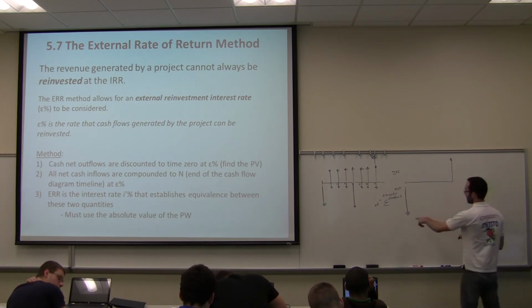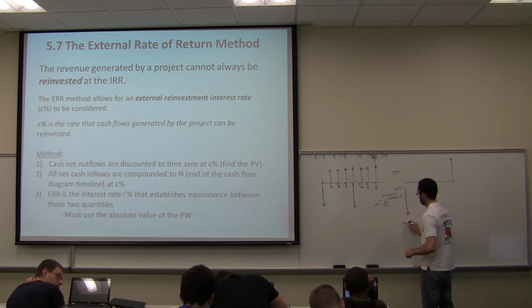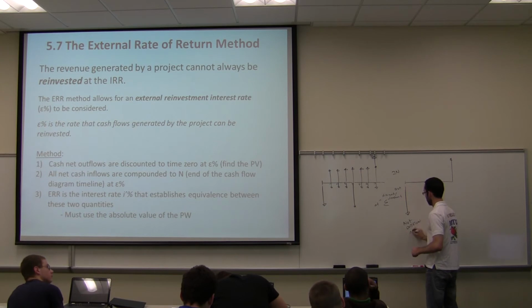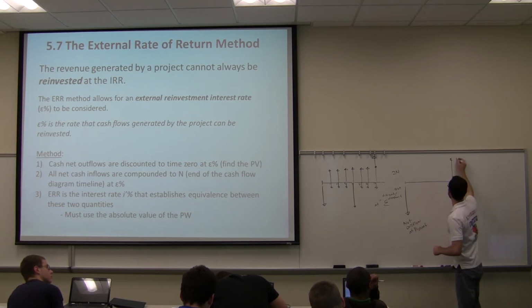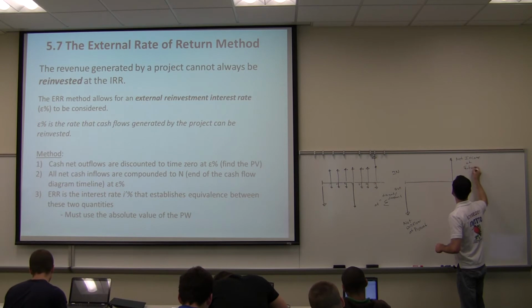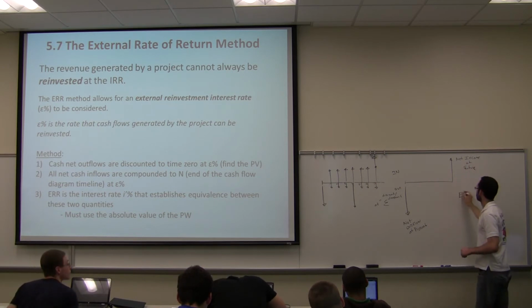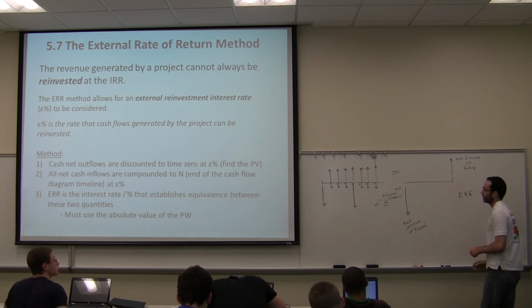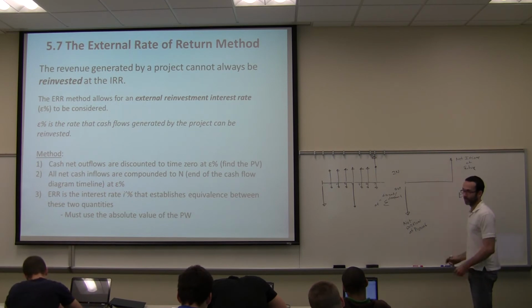And now when we have the net outflow at present, and then the net income at future, the external rate of return is the one that makes these two equivalent.